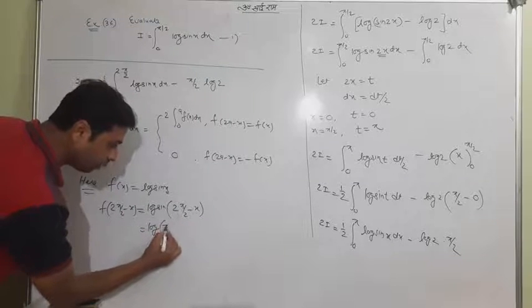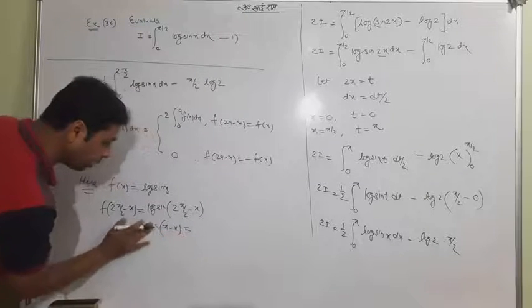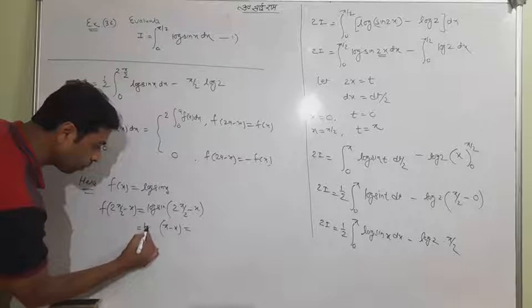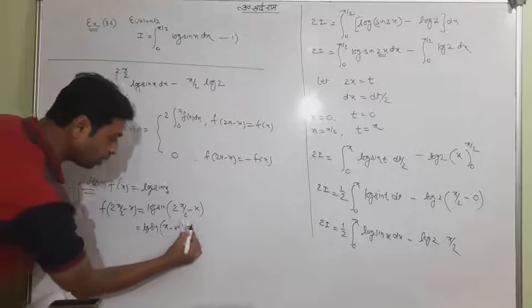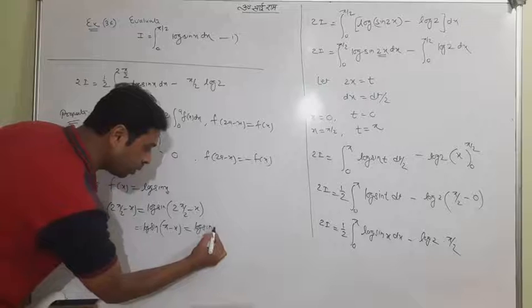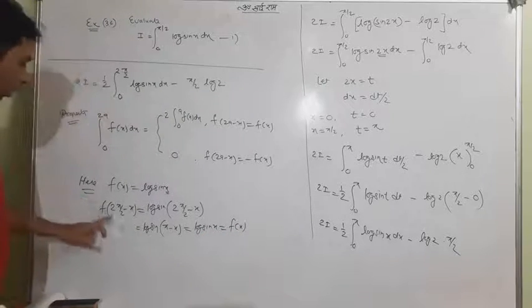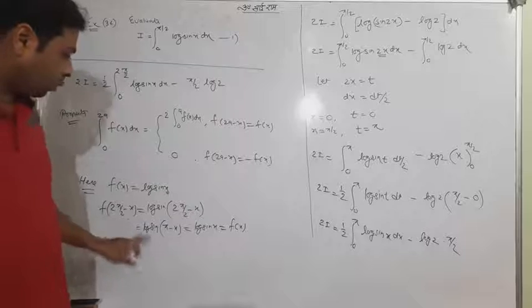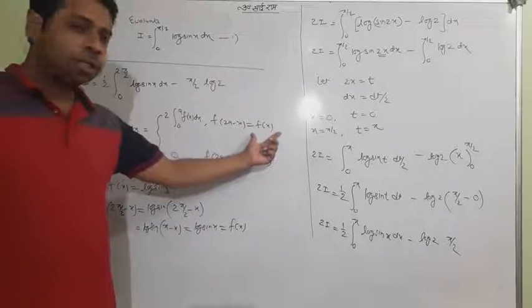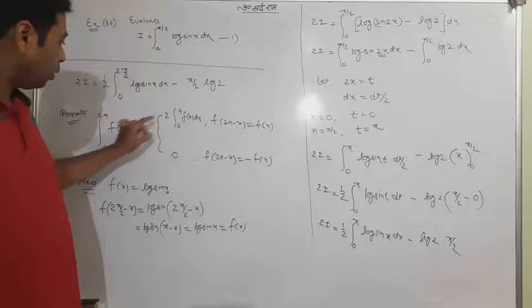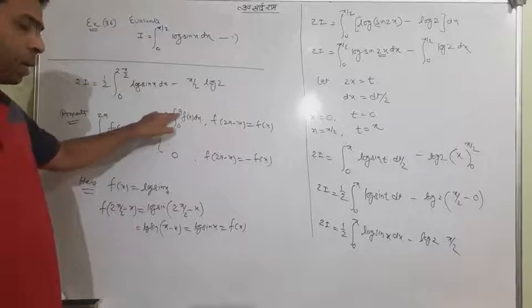Sin of 180 minus theta means sin theta. So the answer is the same, log sin x equals f of x. So you put f of 2a minus x, you get f of x, meaning this condition is followed. You can write 2 outside and it becomes 0 to a.